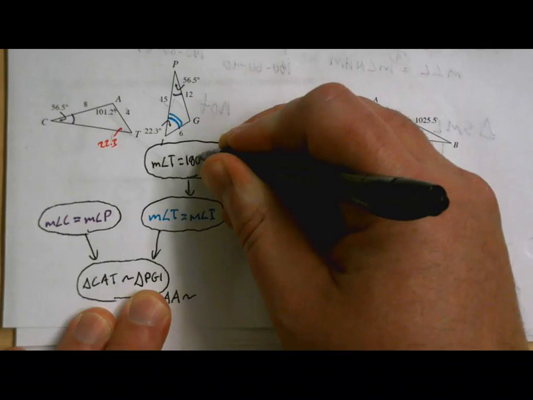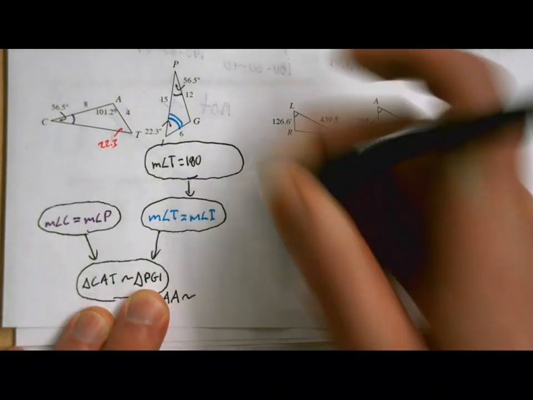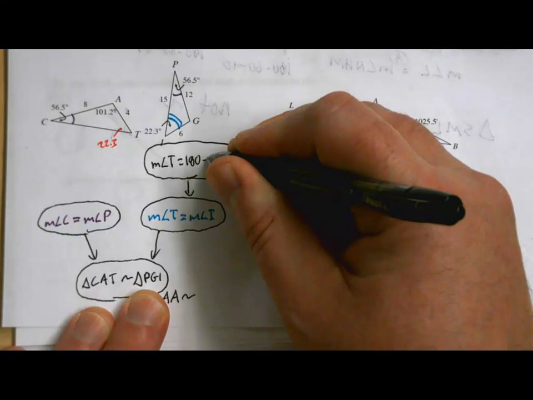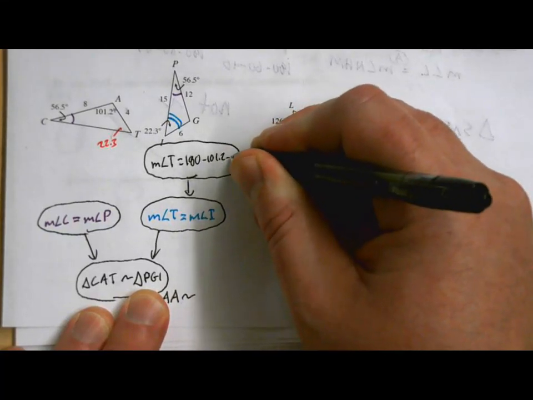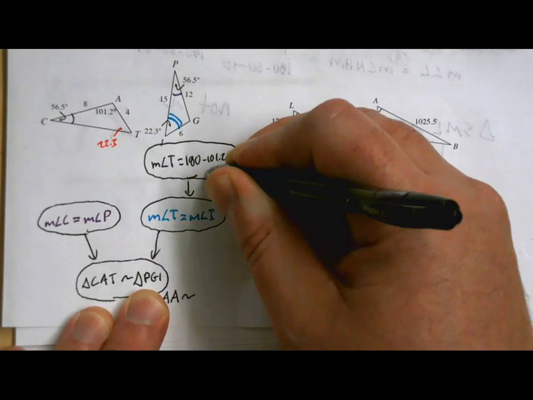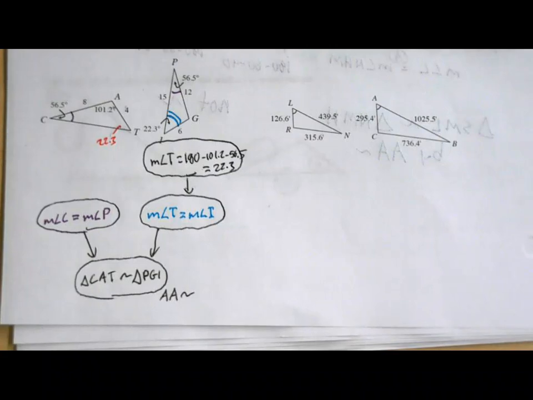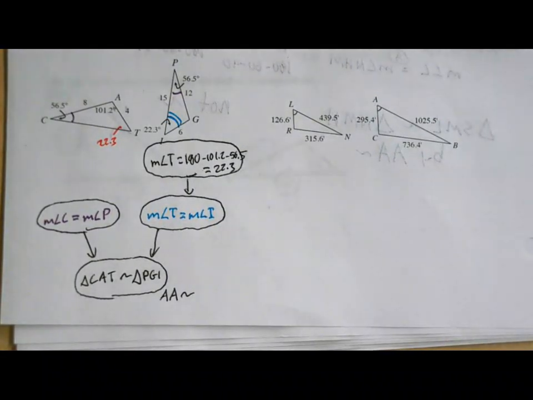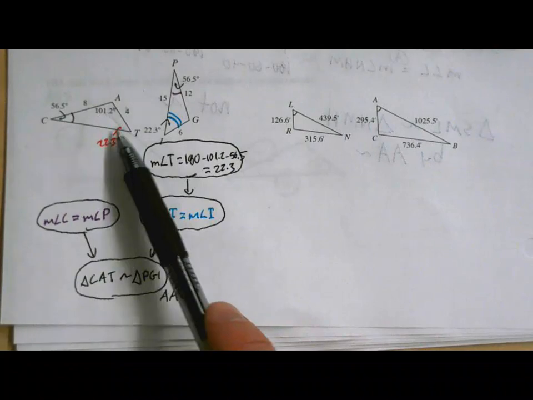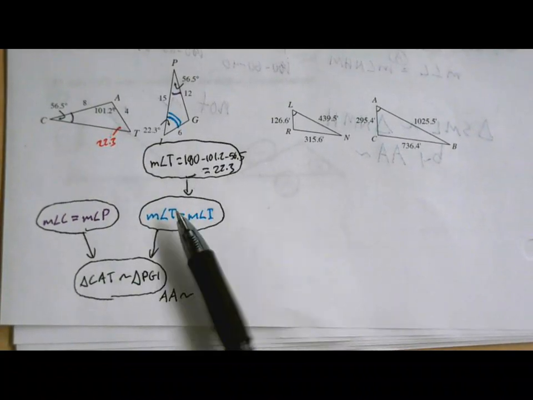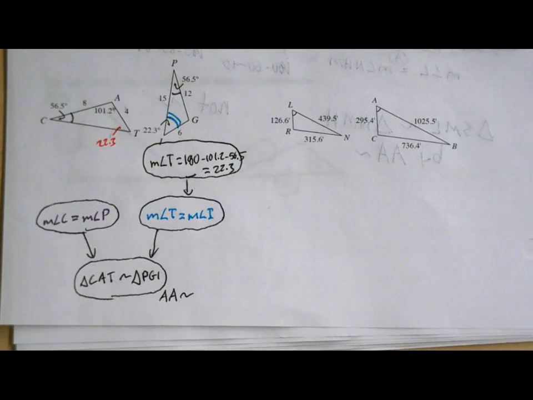Yeah, 180. I should have made my bubble a little bit longer here. 180 minus 101.2 minus 56.5, and then equals 22.3. So since that information, that 22.3, was not in the original picture, I've got to find evidence to show that those two things are equal. And now my proof's complete.